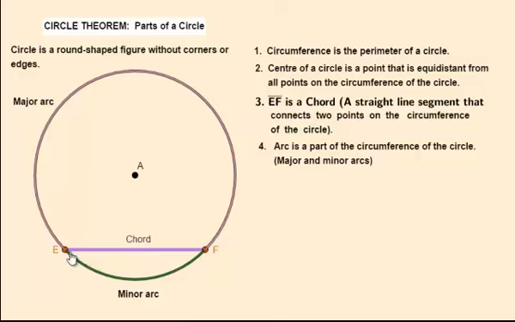So the one bounded by the minor arc and the chord is called the minor segment, and the one above is called the major segment because the region is very big as compared to the one beneath.